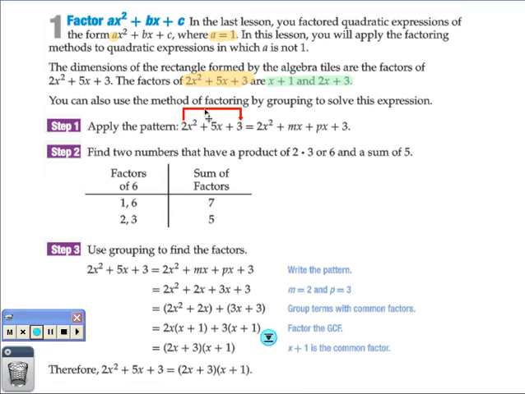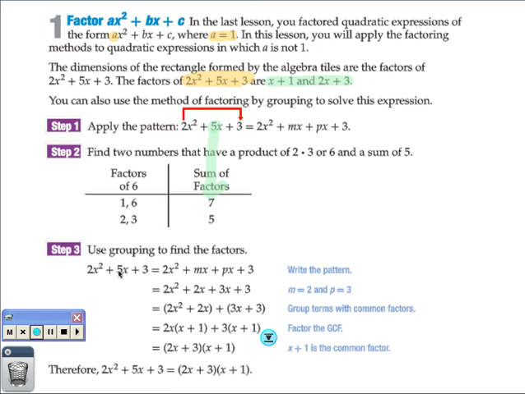So we're going to take 2 times 3 and get 6. We're going to find two numbers that multiply to 2 times 3 and add to the middle term still. That part, there's no difference. We want the sum of the factors to be the middle term, but the factors we're looking at need to multiply to the product of the first and the last.